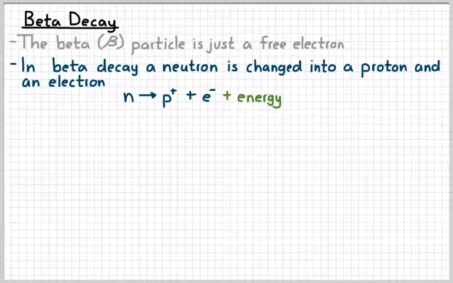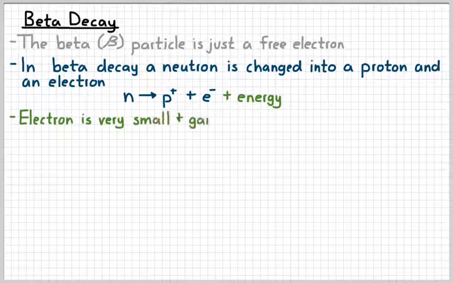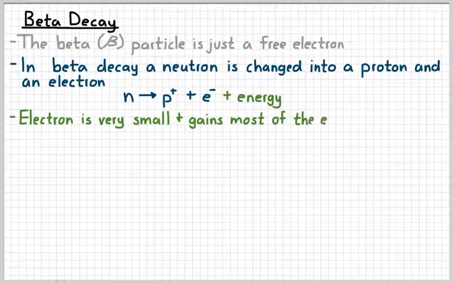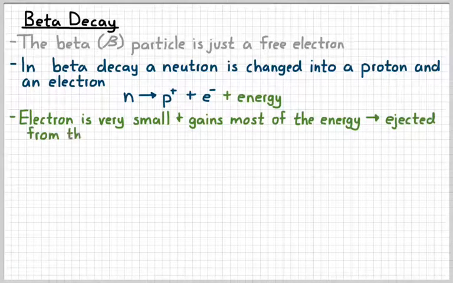The why behind that has to do with quarks and even more elementary particles, which we really can't get into. It's just something that can spontaneously happen due to the way quarks interact with each other. The electron, of course, is very small, and therefore it's going to gain most of the energy, which means that it's going to be ejected from the nucleus.